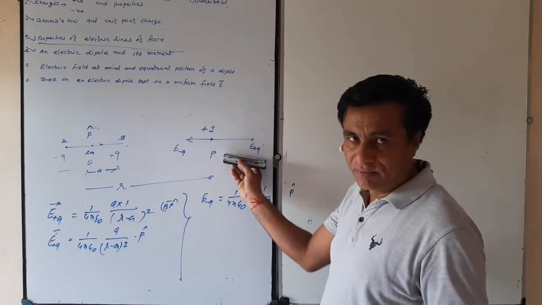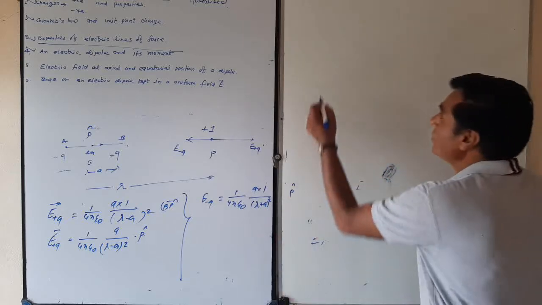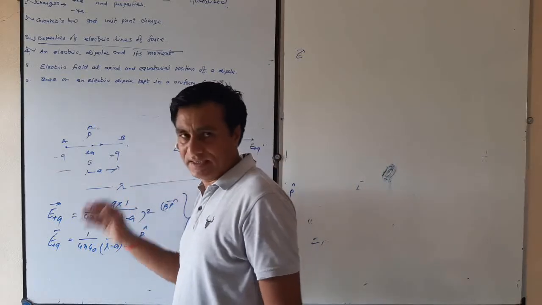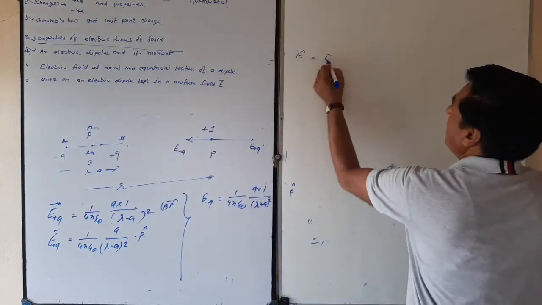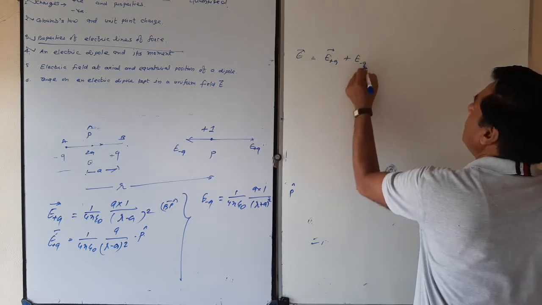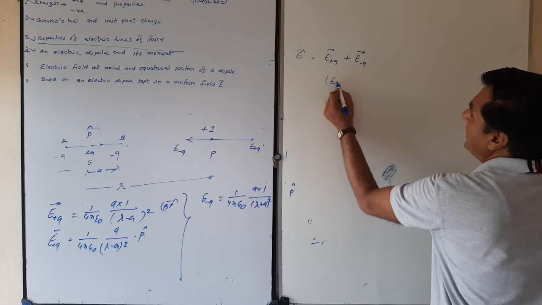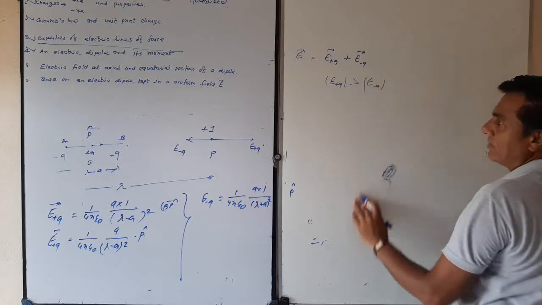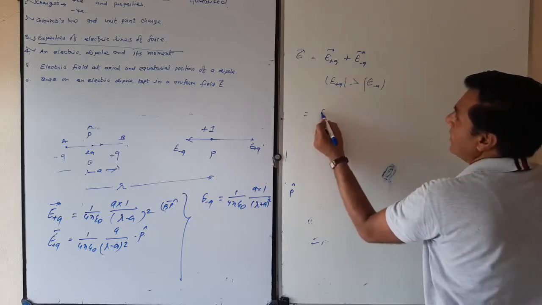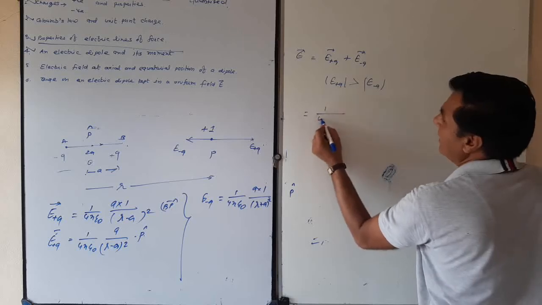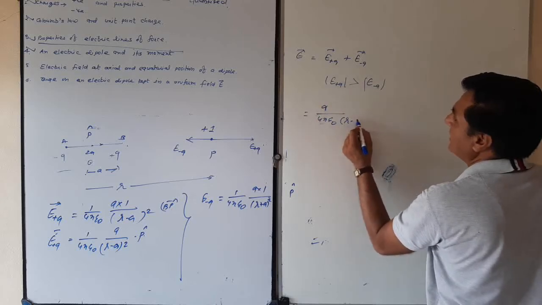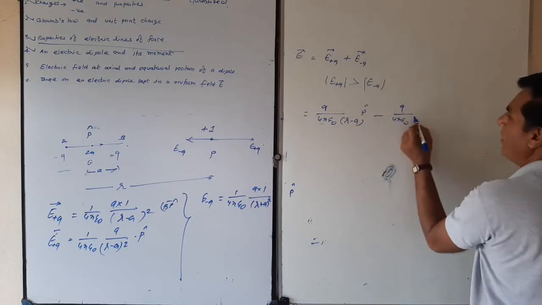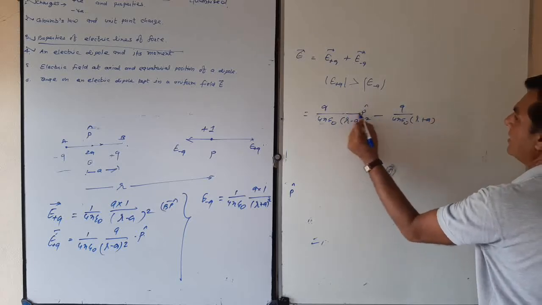E due to plus Q is more than E due to minus Q. The resultant field E due to the dipole, taking both forces, is the vector sum of E due to plus Q plus E due to minus Q. We know that the magnitude of E due to plus Q is more than E due to minus Q. So E due to plus Q, what is the magnitude? 1 upon 4 pi epsilon 0, Q upon R minus A whole square P cap, minus 1 upon 4 pi epsilon 0, Q upon R plus A whole square P cap.